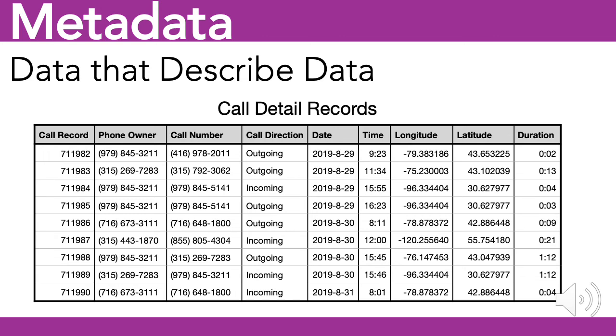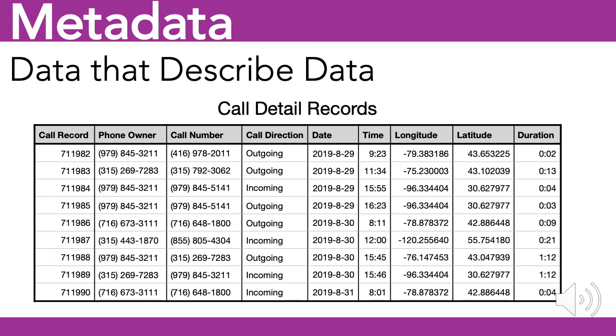The owner, the phone number of the owner of the phone, the call number, that is the person, or I should say the number that the phone owner has either received a call from or has made a call to. We also show the call direction, the date of the call, the time, the longitude and latitude of where the call originated, and the duration of the call.